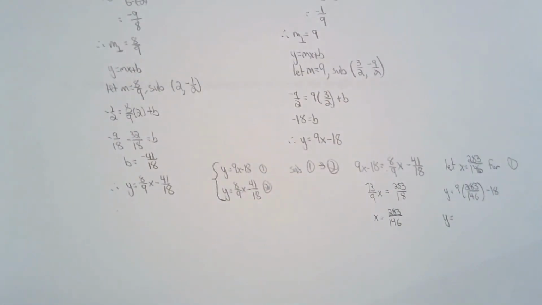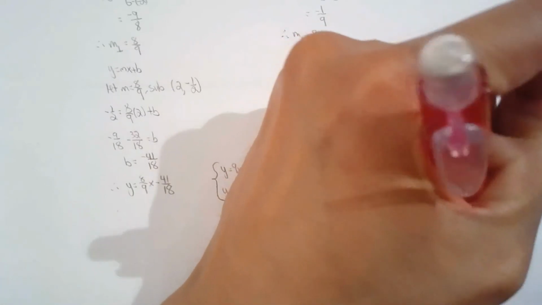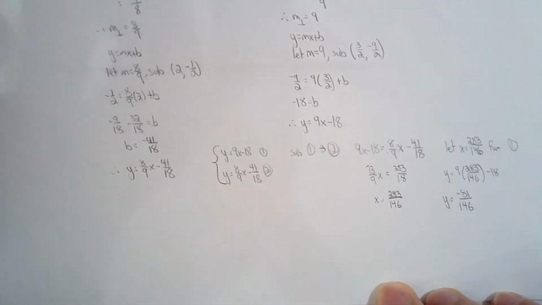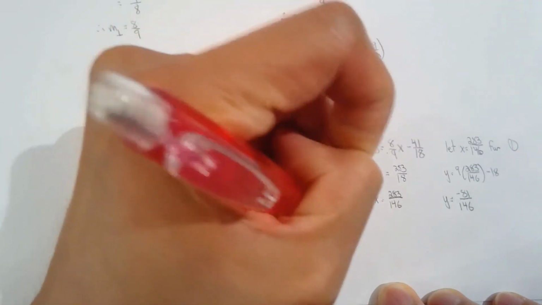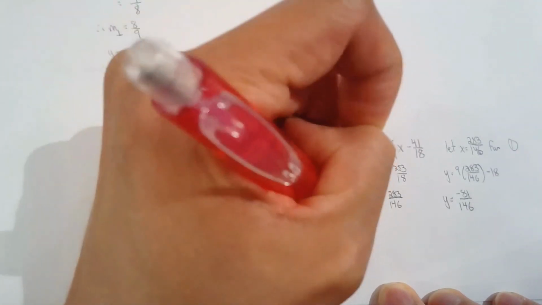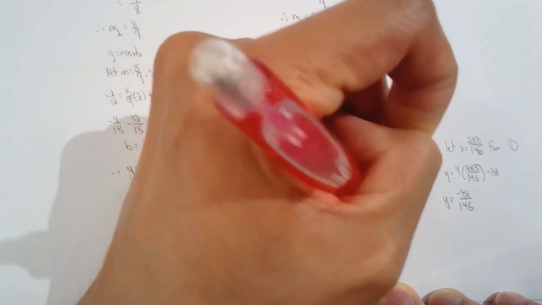Let's check it out. Negative 81/146. Therefore, x and y are equal to 283/146 and -81/146.